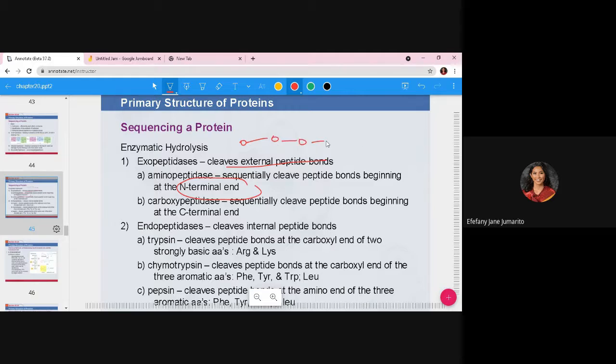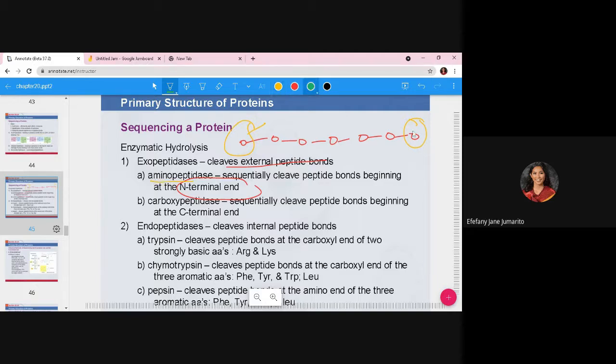Okay. The N-terminal end. So katong mga exo meaning external lang. So i-gina-cleave niya is this one also and this one. Now the enzyme that cleaves your N-terminal end is what we call aminopeptidase.